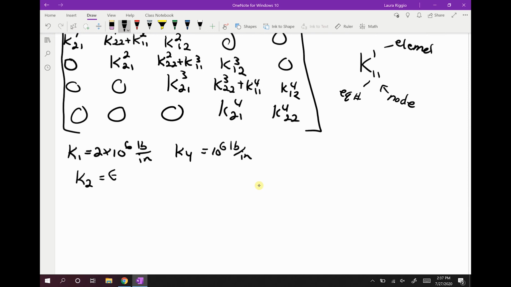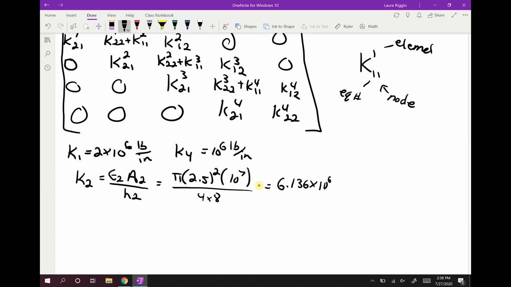K2 is equal to our modulus of elasticity for element 2 times our area for element 2 divided by our length for element 2, which is pi times 2.5 squared times 10 to the 7 divided by 4 times 8, which is 6.136 times 10 to the 6 pounds per inch.